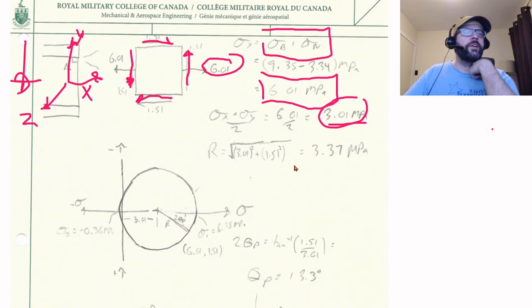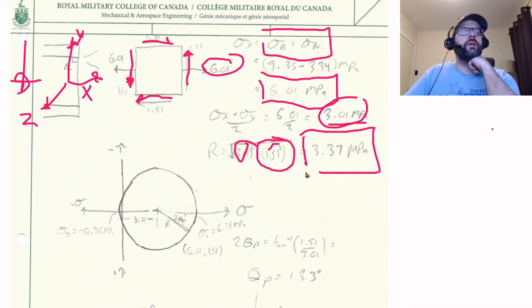That extra 0.01 isn't really going to cause a big difference. And then the y component, the shear component there, is 1.51. So that squared plus that squared, square root, gives us 3.37 megapascals.